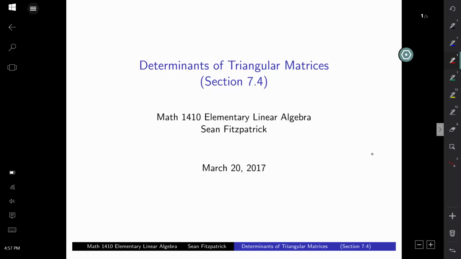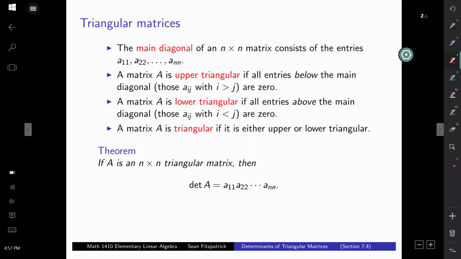Now, one way that's especially easy is if you're dealing with a triangular matrix. A triangular matrix is one where all the entries either above or below the main diagonal are 0. An upper triangular matrix is, for example, something like this: 3, 4, minus 1, 2, 7.